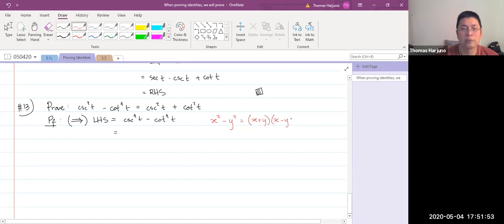In this case, this is cosecant squared being squared minus cotangent squared being squared. Let me write it. This is cosecant squared t plus cotangent squared t times cosecant squared t minus cotangent squared t. Do you see what I mean?